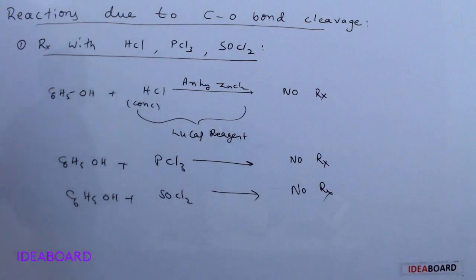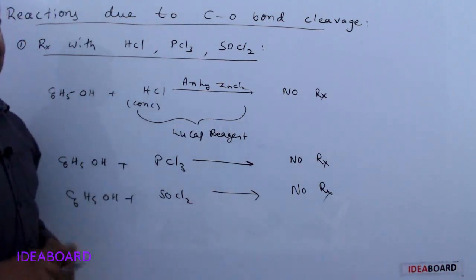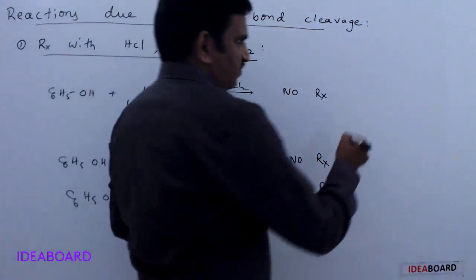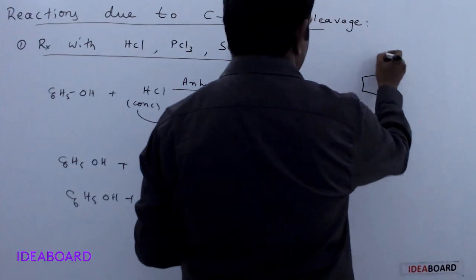Why doesn't phenol react with the Lucas reagent, PCl3 or SOCl2? Because phenol has partial double bond nature.